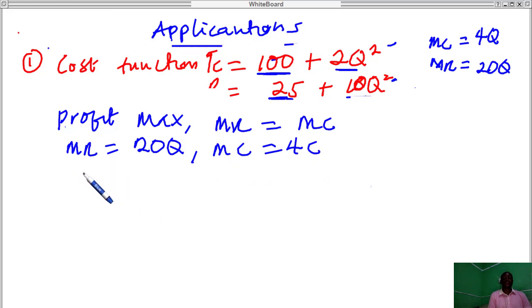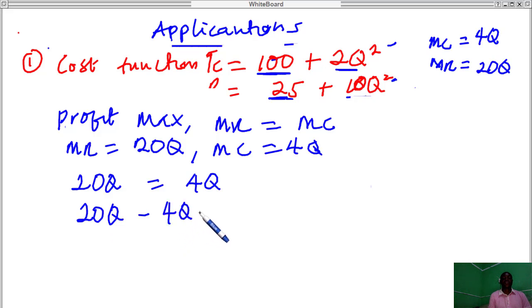So our profit will be maximized where 20Q is equal to 4Q. So we set 20Q minus 4Q equal to 0. We now get minus 16Q. You see that it is the same as the marginal profit that we obtained. So this is the function.